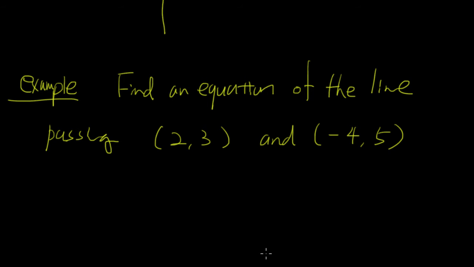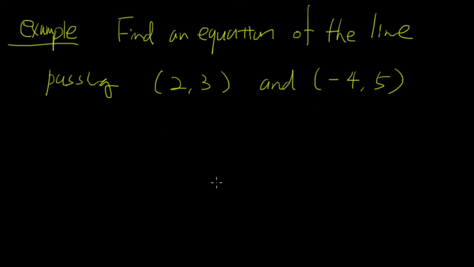So these are 2 points that we have. So how do we find the line equation? If you want to use point slope form, we need a point, but we also need a slope. What we have is 2 points instead of 1, but we don't have slope. So what do we do?